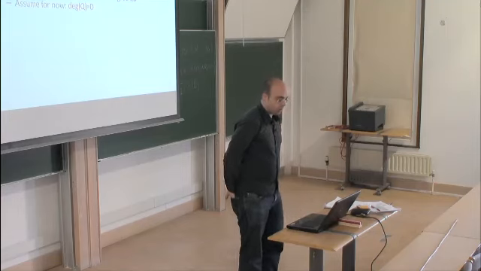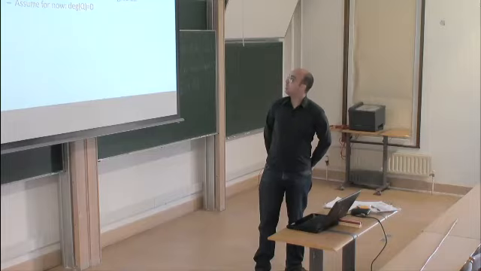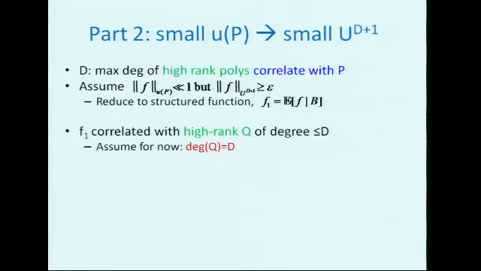We assume f1 has correlation with degree d polynomials, so we can find some high rank polynomial that's correlated with f. In general, it is of some degree at most d, because f has some noticeable d+1 uniformity norm. Let's assume for now it has degree exactly d. It actually will be an easier case. Let's say it has degree exactly d, and it has high rank.